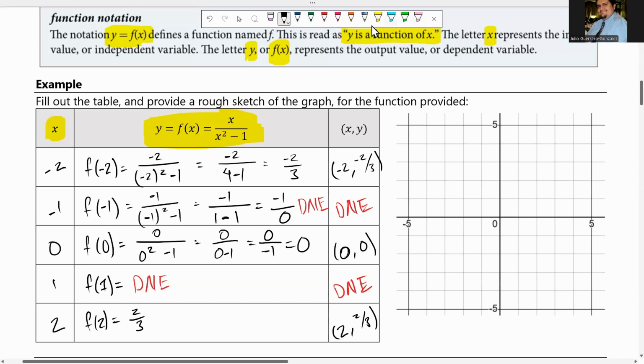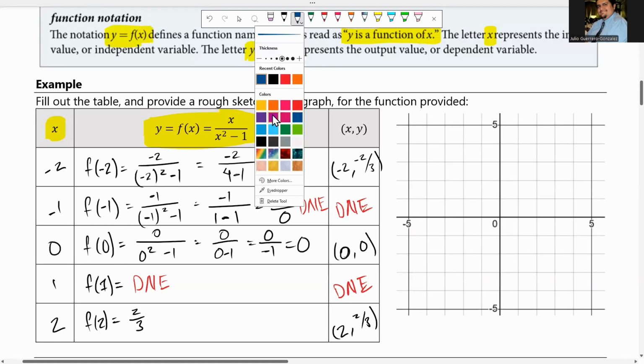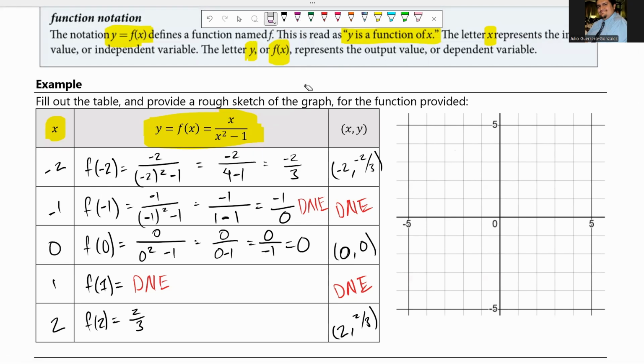What I'm going to do now is go ahead and do purple for these points. For these 3 points, you guys see these? I'm going to graph them. I'm going to plot points on my XY axis, in purple. The first one is going to be -2 comma -2 over 3.